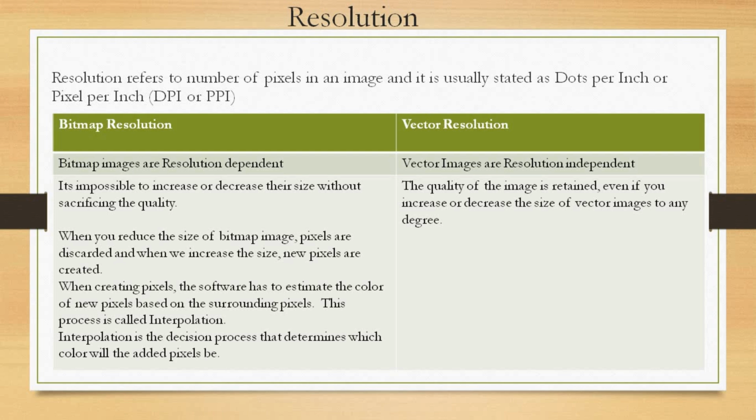In a bitmap, it is impossible to increase or decrease the size without sacrificing quality. That is, whenever you increase or decrease the size, the quality of the image is lost. Whereas in vector resolution, the quality of the image is retained even if you increase or decrease the size of vector images to any degree.